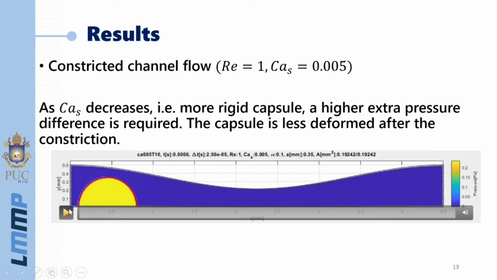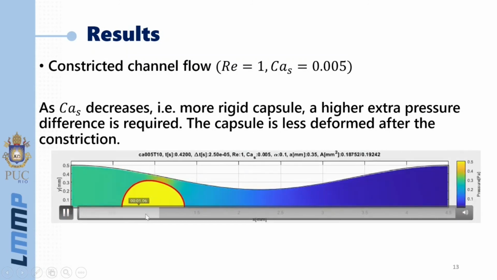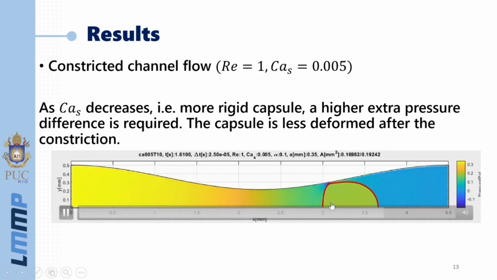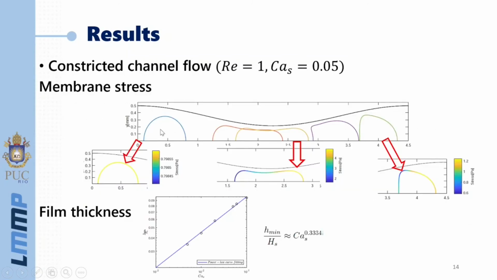Here, there is another configuration for a lower surface capillary number. Observe that the capsule is stiffer and gets less deformed after the constriction. In fact, unlike the previous case, at the rear region, the membrane is convex shaped. These pictures help us in the visualization of how the stress is distributed along the membrane at different times.